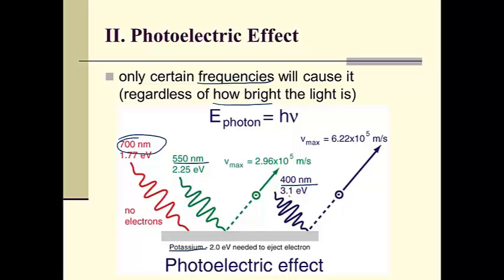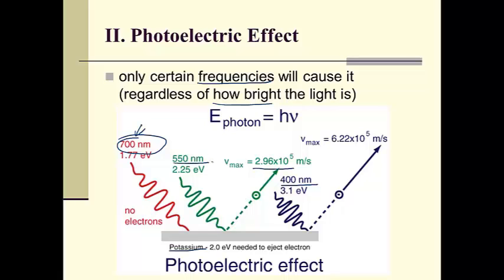The difference, they said, must be that red light is not bright enough. There's not enough energy to it. So what happens if we make it brighter? Well, the electron should be shot out. The problem was, no matter how bright they made the red light, they could not get an electron to be shot out of a piece of metal. The green light, they said, well, okay, that works. If we give it more energy, it should come out faster.